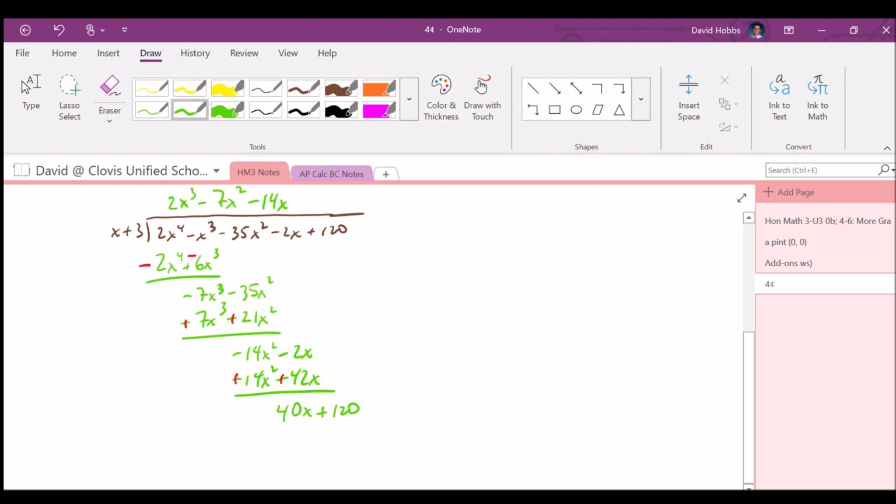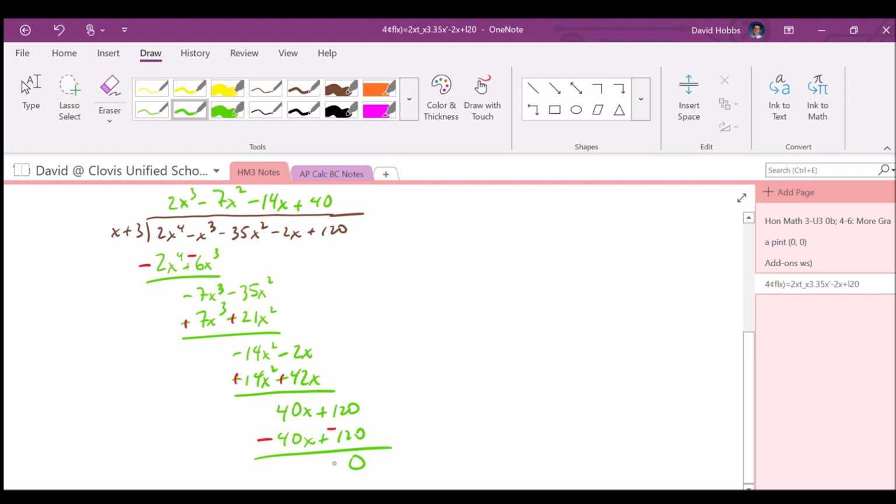What times x gives me 40x? Positive 40. 40 times x is 40x, and plus 120, and distribute a negative, and hallelujah, we got 0 right here. We got no remainder.